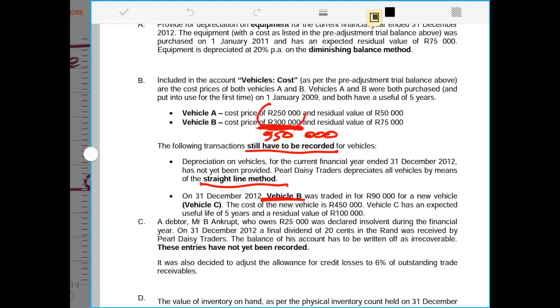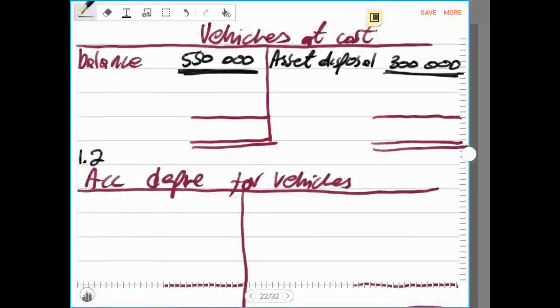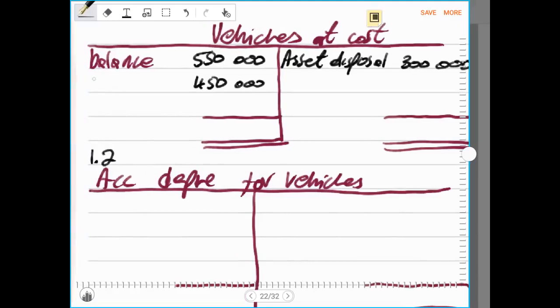The sum of the two vehicles is the opening balance of 550,000 rands. So now it means this vehicle costing 300,000 rands is already included in that opening balance. So when we remove that in the books of the business, we remove it at the cost price, reducing the debit side. Then after, there was a motor vehicle that was received, which is motor vehicle C, 450,000 rands.